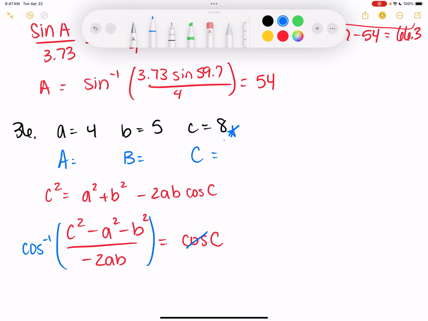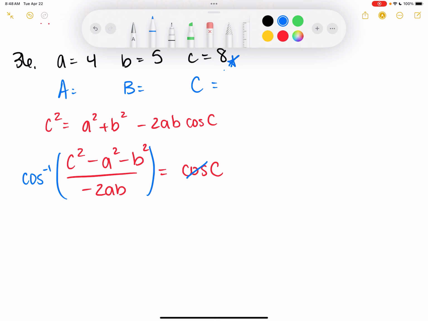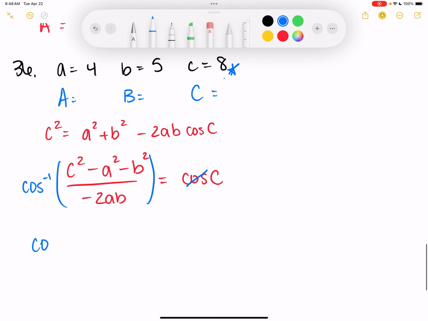But as long as you have your work shown, the good thing is I can be like, okay, your work is right. Most likely you just typed it in wrong. So you don't lose as many points as long as your setup is right. So the inverse cosine of 8 squared minus 4 squared minus 5 squared over negative 2 times 4 times 5.